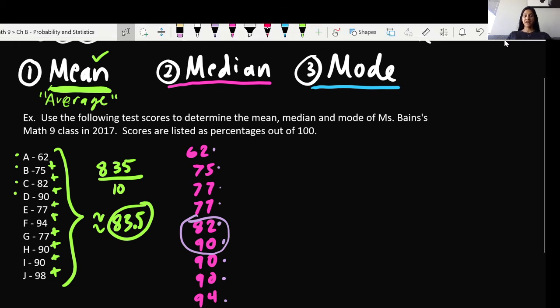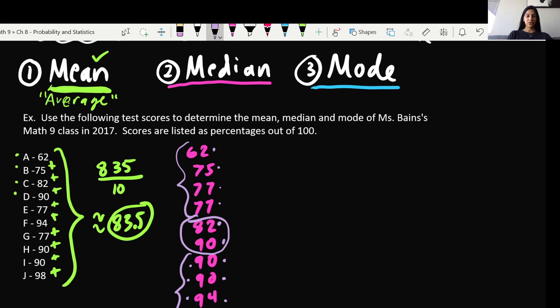So if I had only 9 values, then I would pick the fifth value. But because I don't have 9 values, I have 10, I'm going to pick the 5th and 6th value. So to, again, make this super clear, I have 1, 2, 3, 4 terms on this side, and I have 1, 2, 3, 4 terms on this side of the two that are chunked together in the middle.